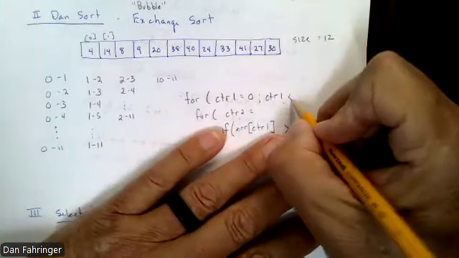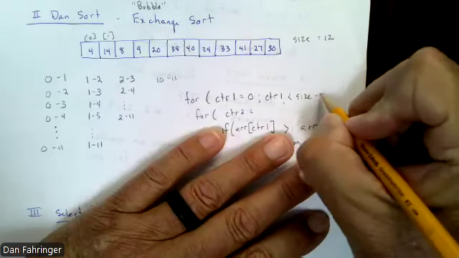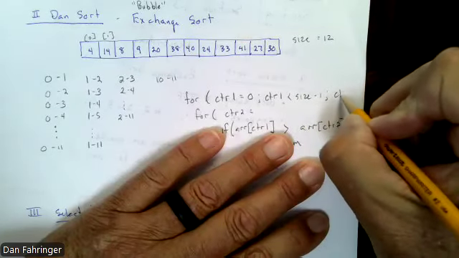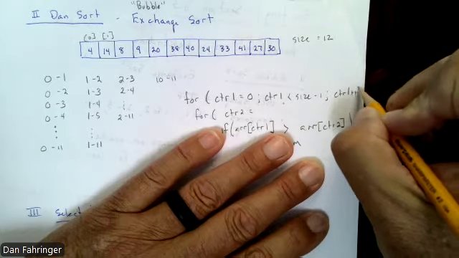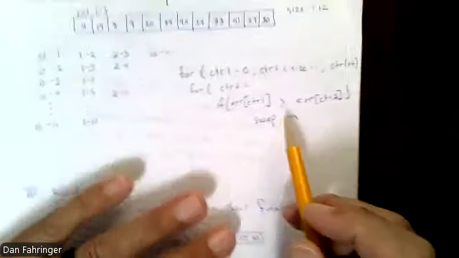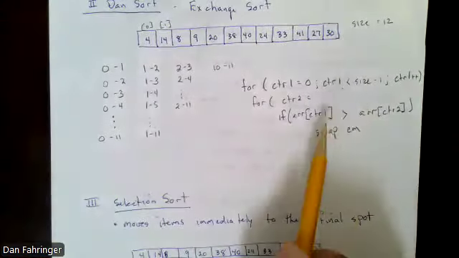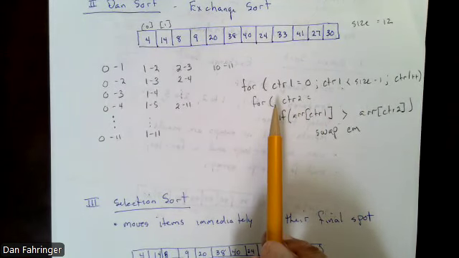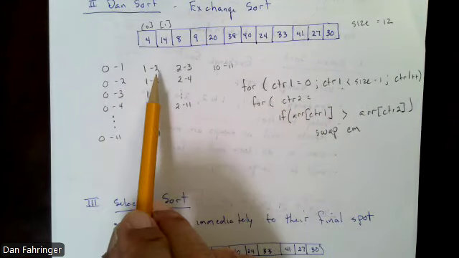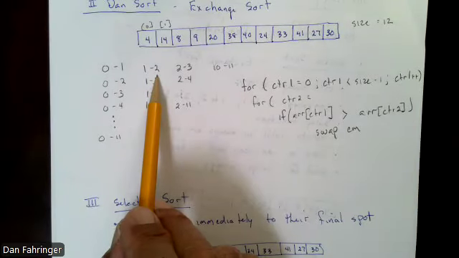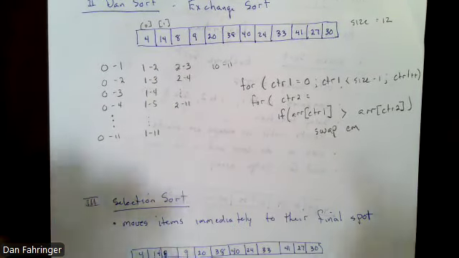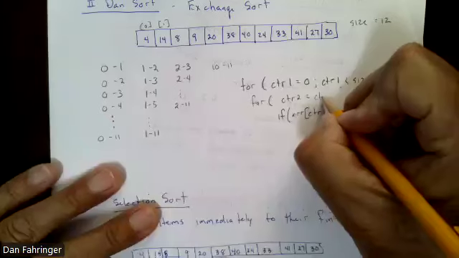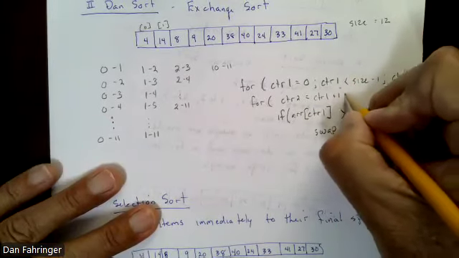Yeah, less than size minus 1. Increment counter 1. Counter 2, where does that start at? Counter 1 plus 1. There you go. Counter 2 starts at counter 1 plus 1.